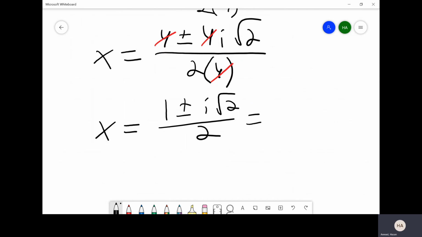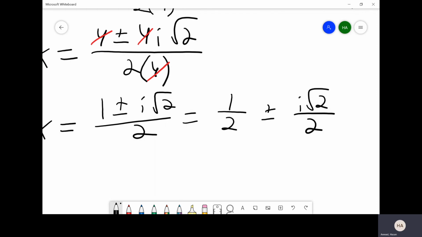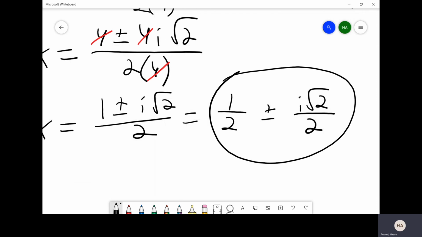So this is really the same thing as 1 over 2, keeping the denominator the same, plus or minus i square root of 2 over 2. And this would be your final answer. x is equal to this, and keep this in mind, you still have 2 solutions. Even though this is a complex number, you still have 2 solutions because you have the 1/2 plus i square root of 2 over 2 and the 1/2 minus i square root of 2 over 2.